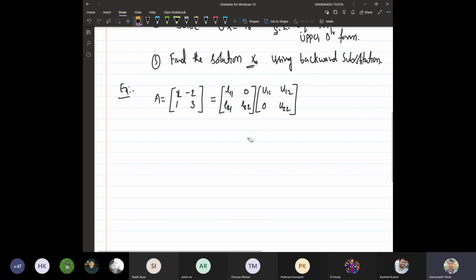what we are imposing is that we are going to decompose it as the product of a lower triangular and an upper triangular matrix, explicitly using a unit lower triangular matrix. That means the diagonal entries of the lower triangular matrix we will consider as 1 and 1.